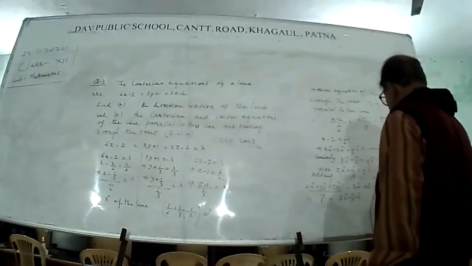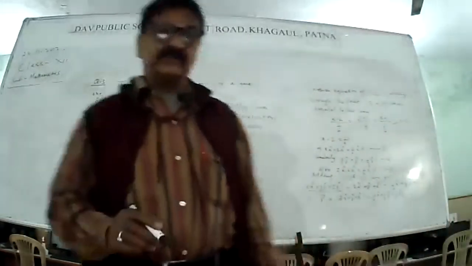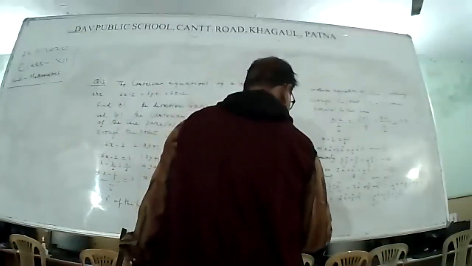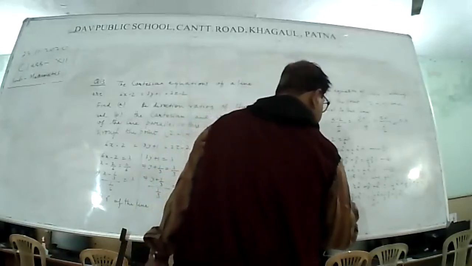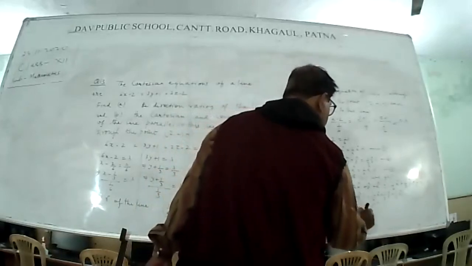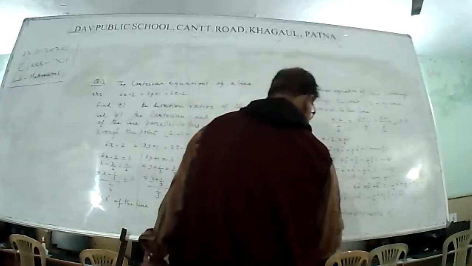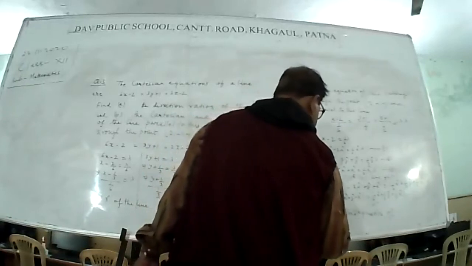So this is the required equation of line in vector form.